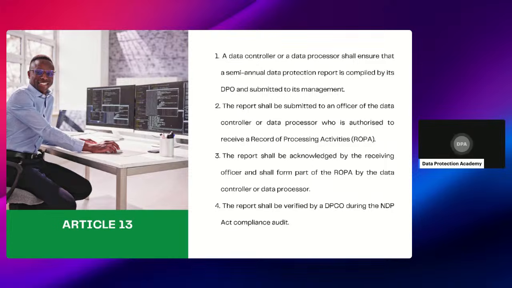In essence, every organization should expect the designated data protection officer to send this report for review prior to submission to the regulatory authorities. The report shall be submitted to an officer of the data controller or data processor who is authorized to receive a record of processing activities. The report shall be acknowledged by the receiving officer and shall form part of the record of processing activities by the data controller or data processor.